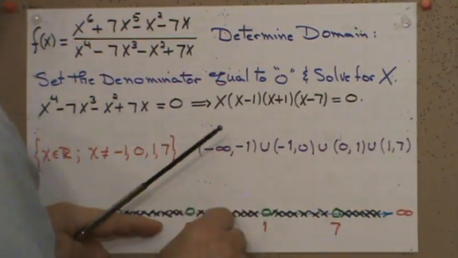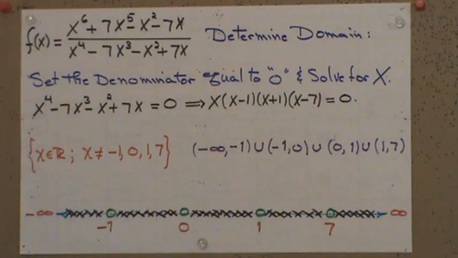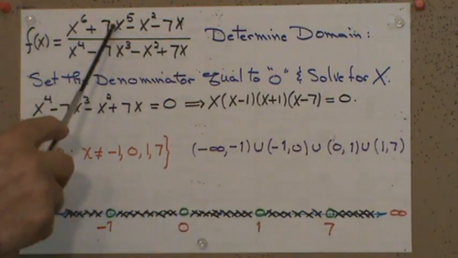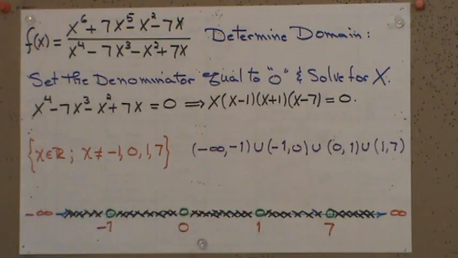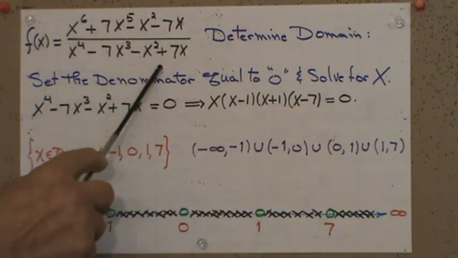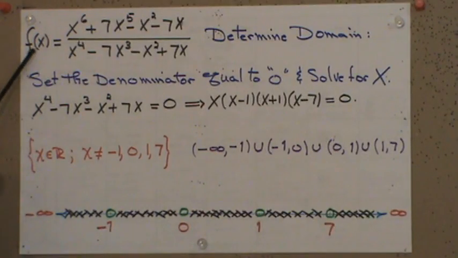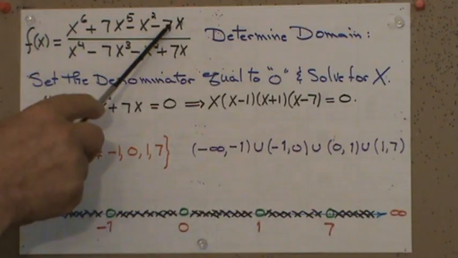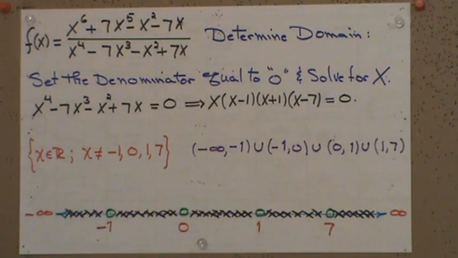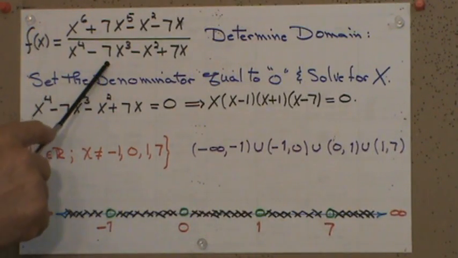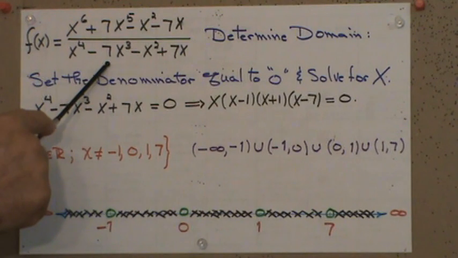So the correct answer is that the domain of any polynomial is all real numbers unless it is restricted. The domain of the numerator is all real numbers, and the denominator is all real numbers. But when we deal with rational functions, do not bother with the numerator. Let it stay. Our concern is those values of x that can cause the denominator to become 0.